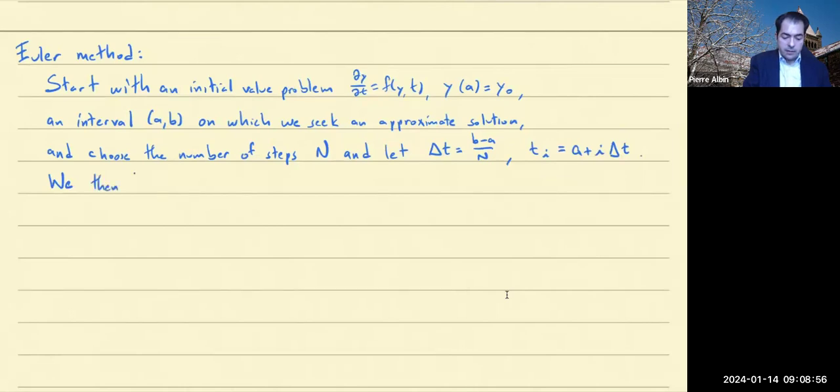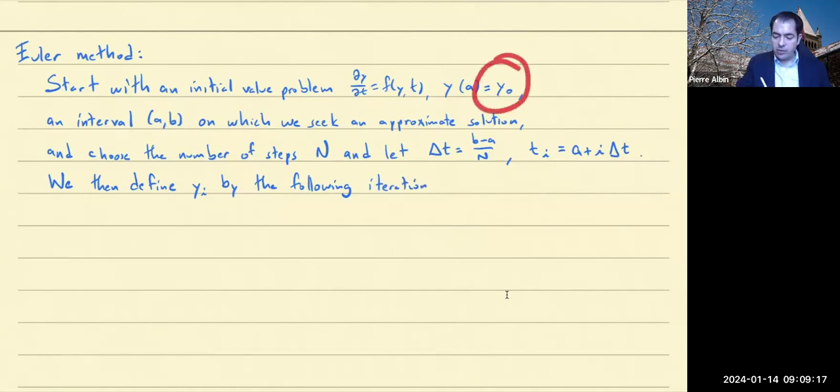We then define y sub i by the following iteration. We already have y0 from the initial condition.